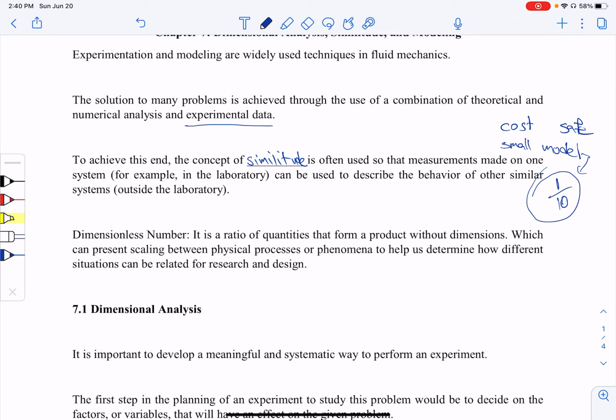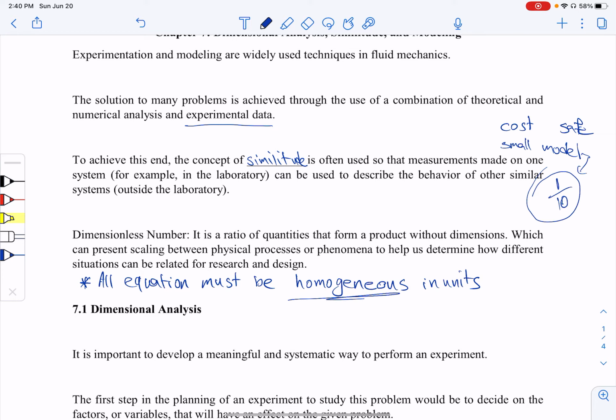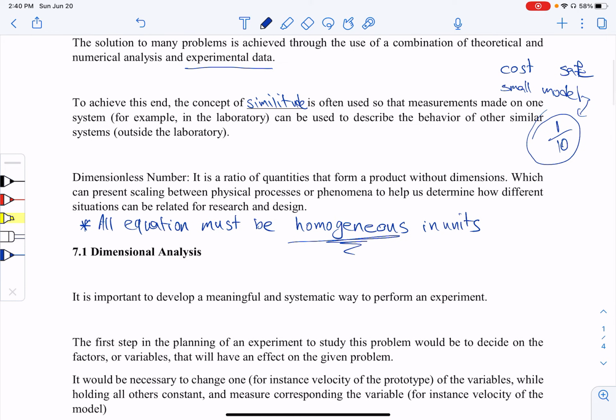One important thing that I want to recall from chapter 1 is that all equations must be homogeneous in units, right? So we need to consider this fact in this chapter for sure.